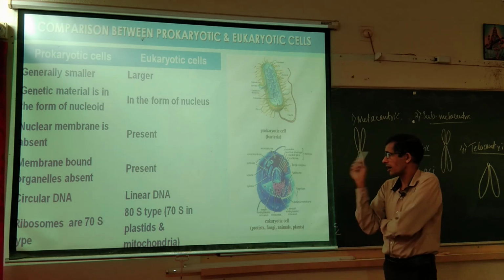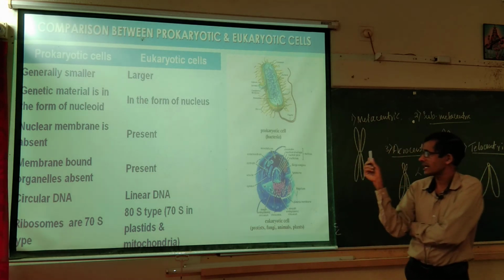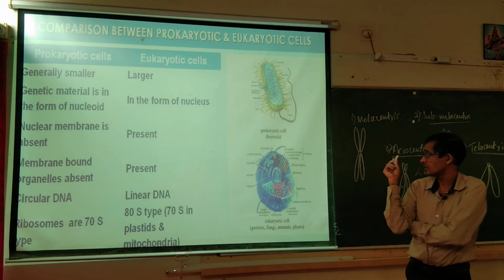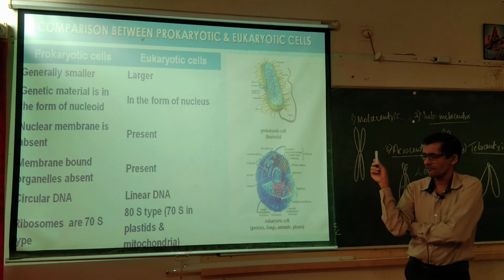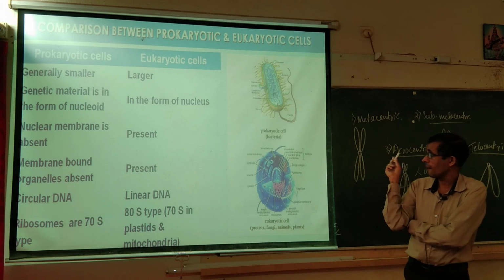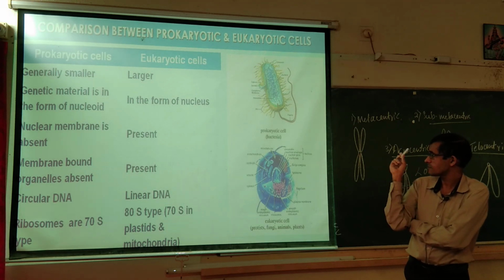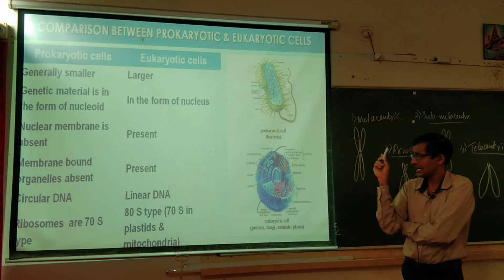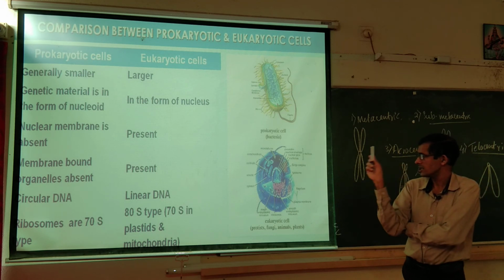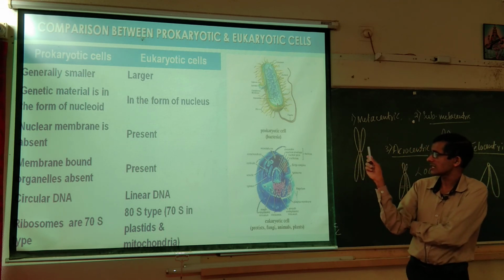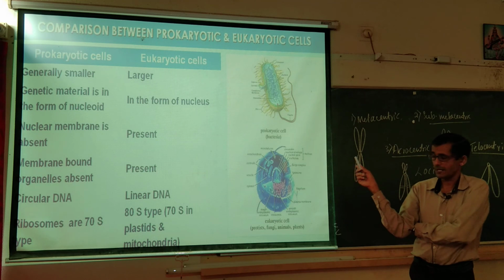In the eukaryotic cell, the genetic material is present in a clear manner in the form of a nucleus, with the nuclear membrane. The nuclear membrane is absent in the prokaryote, here it is present.